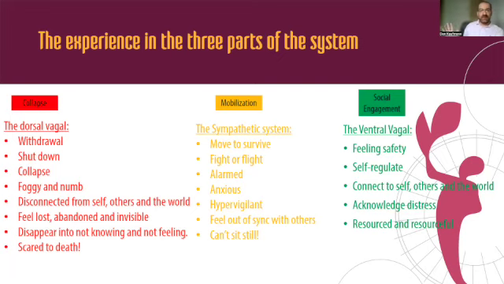We just want to rest. We're shutting down. We feel numb. Sometimes it's hard to focus or concentrate. We completely disconnect from friends, from people. We're feeling lost or abandoned. And sometimes we're so afraid that we're completely immobilized.